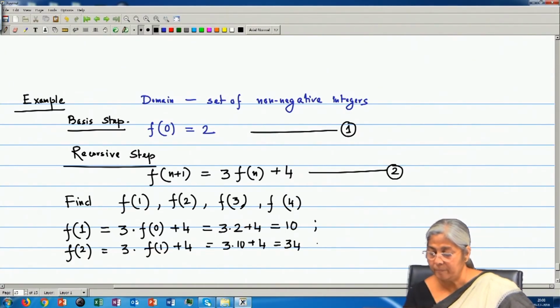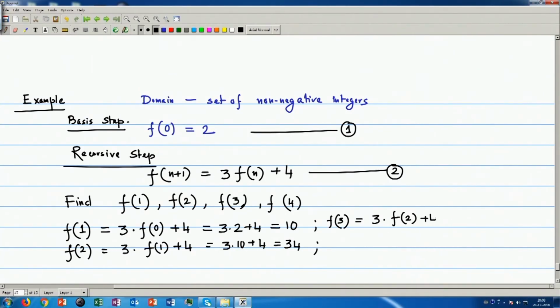Similarly, I can do f of 3, which is 3 f 2 plus 4, 3 into 34 plus 4, which is 106. Then f 4 is 3 into f 3 plus 4.